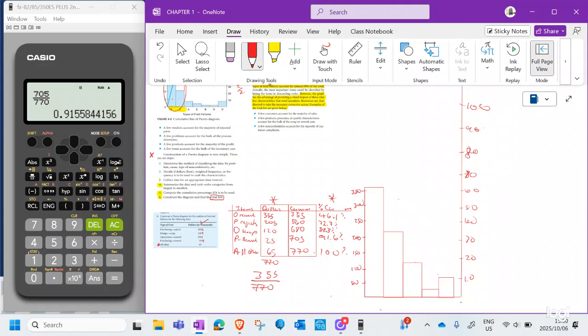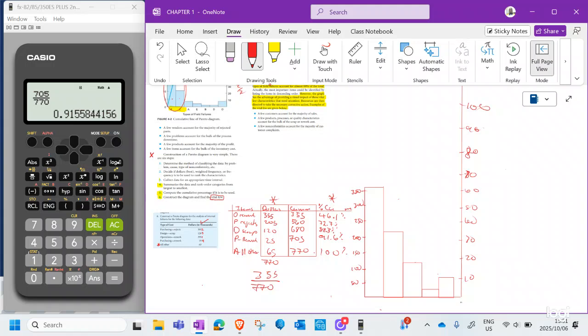Then we have the first one, this one here, at 46. My scaling is not exact, but rather focus on the second one.